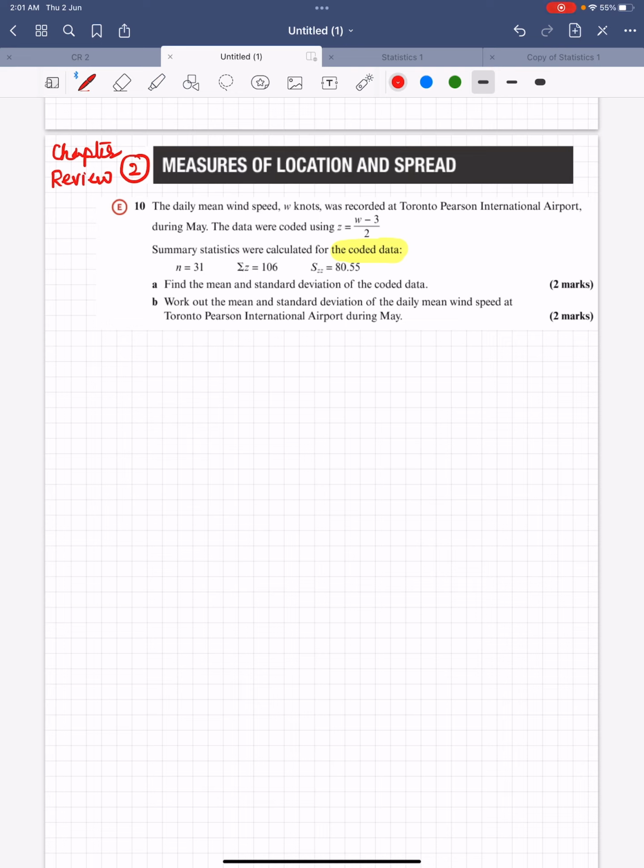So the mean of the coded data will be the sigma z divided by n, which is equal to 106 divided by 31, and that is equal to 3.42 to 3 significant figures.